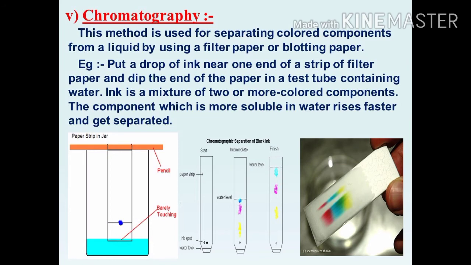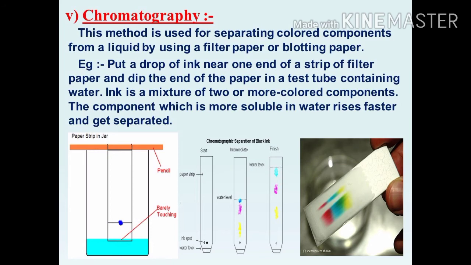Here, see in the picture, one jar is there. This jar is known as a chromatographic jar. Chroma is a Greek word. Chroma means color. In the chromatographic jar, first we should take some water. Then take one filter paper. In the filter paper, you draw one line, and in the center you put one small dot.